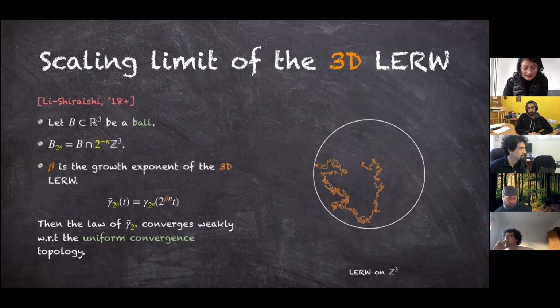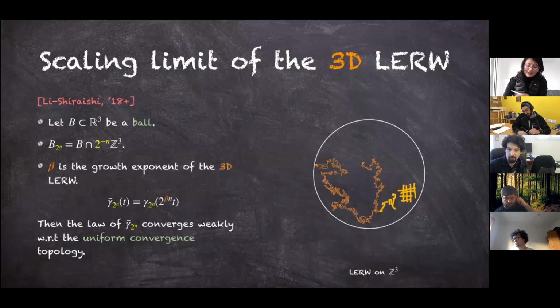So here, Shinji and Daisuke Shiraishi state their theorem on a ball. So again, this is a ball with a scaled lattice of distance 2 to the minus n, and you will start a loop-erased random walk on the interior of the ball until it reaches the boundary. What you obtain is a path gamma that you rescale according to the growth exponent.